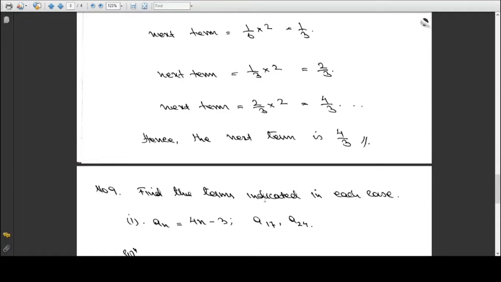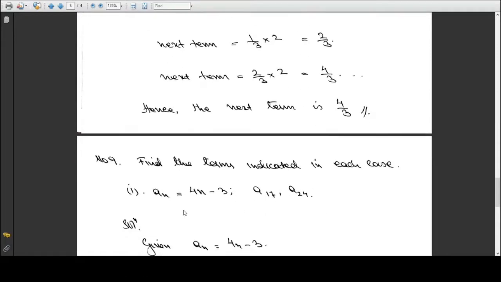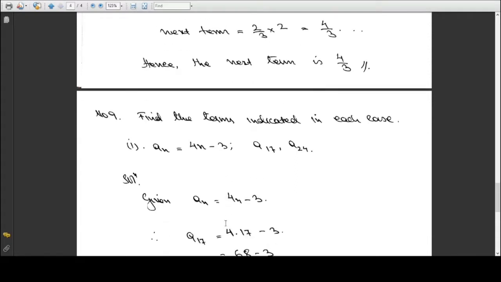Find out the term indicated in each case. a n is 4n minus 3. You have to find out a17 and a24. That means the 17th term and the 24th term. It is given that a n is 4n minus 3.